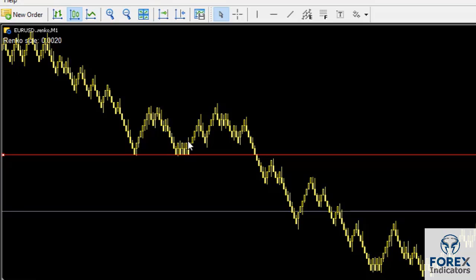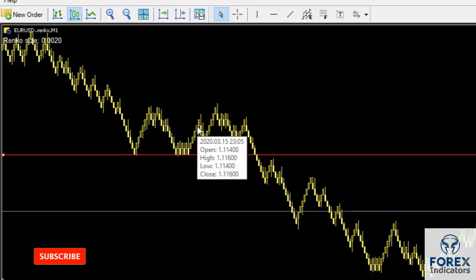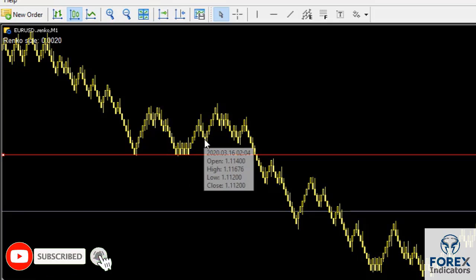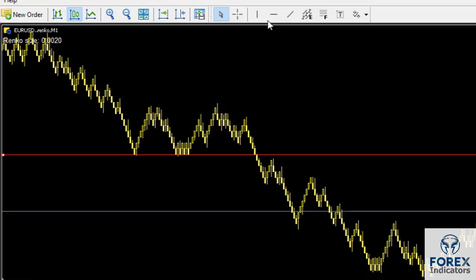And when it breaks out from this area, it could either break down or on the upside. So when it broke upside, it moved back into the range, and you can see this was the range area, the upside at this area, and this was the lower end.